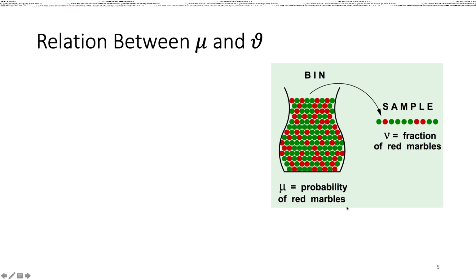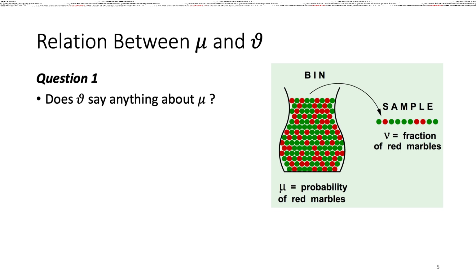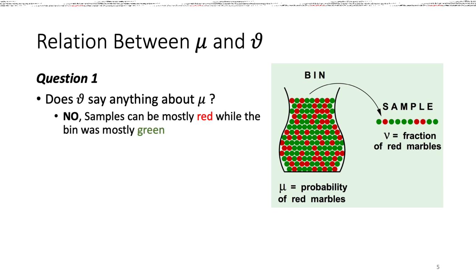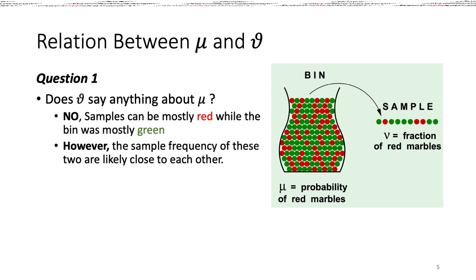So can we find a relation between mu and nu? Does nu or v say anything about our mu when we sample it, or the other way around? That's the first question. As you see, when we sampled here, in this example on the projector, the fractions are different, so the probabilities are different. You see they're mostly green, but inside the bin they're not.